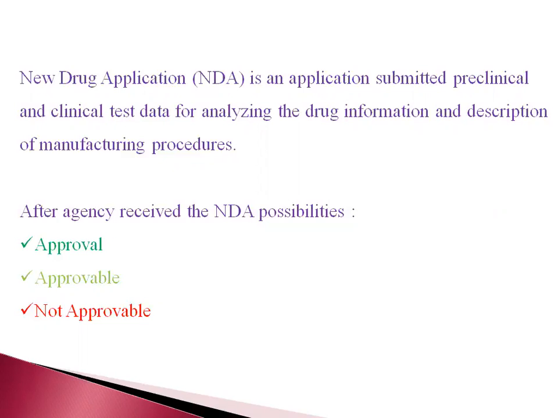NDA is an application submitted with preclinical and clinical test data for analyzing the drug information, and a description of manufacturing procedures. That means the NDA includes preclinical as well as clinical data, and that document explains how the drug is safe for human application.